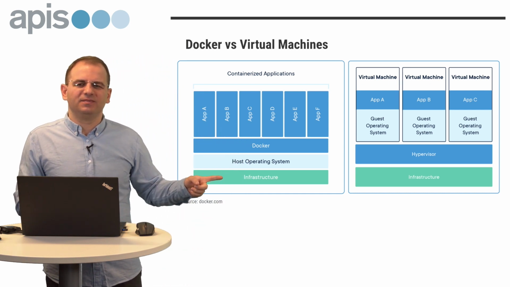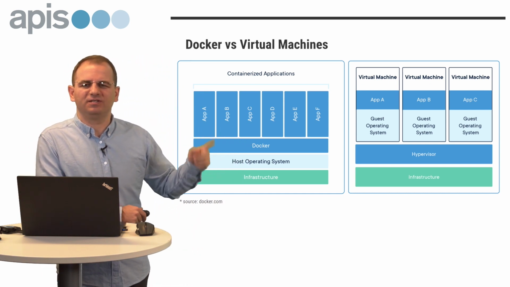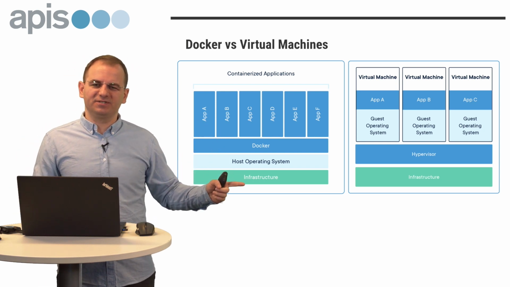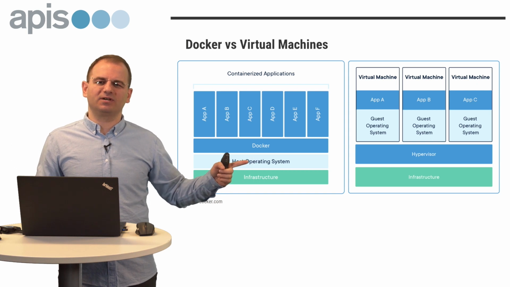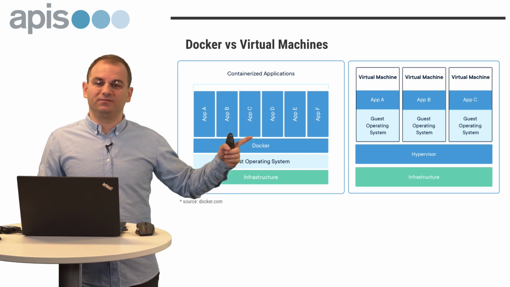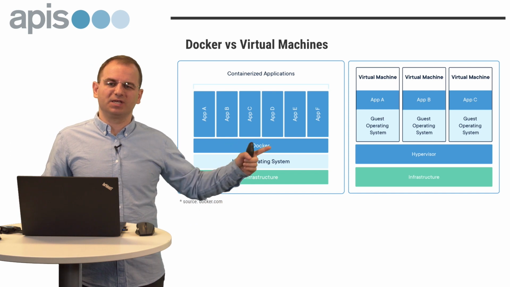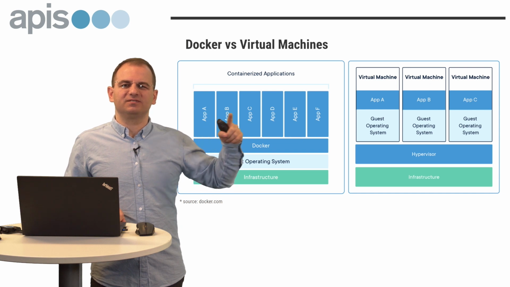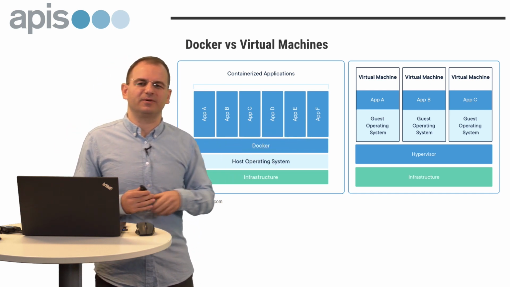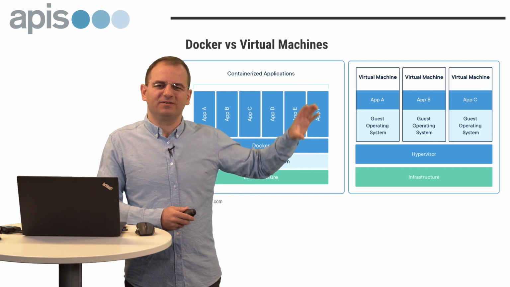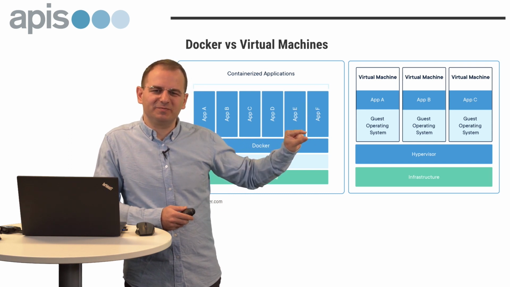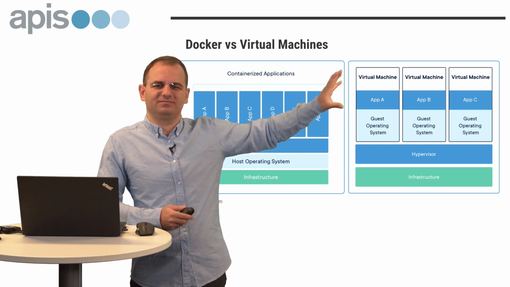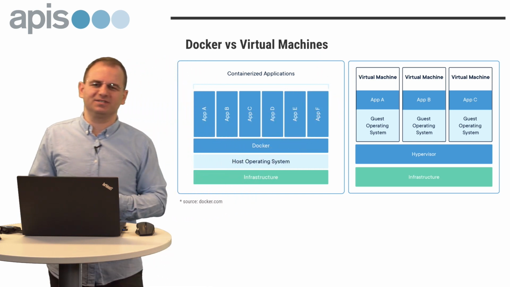And again, with Docker, these are official images from the Docker portal. You have your physical server, your host operating system or a hypervisor. Then you have Docker, which is not a big overhead in this case, but you no longer have operating systems in your containers, right? And again, these are not represented in real sizes, so these would be just slight here, and this would be huge over here. That's how big the difference is.